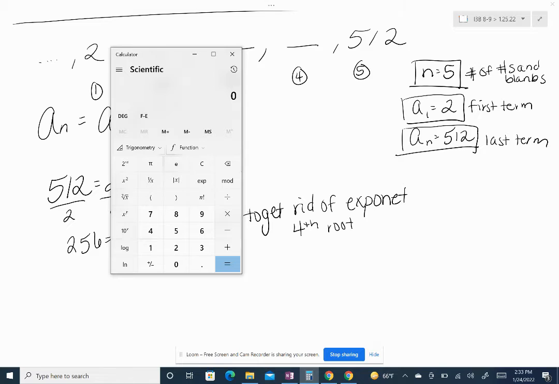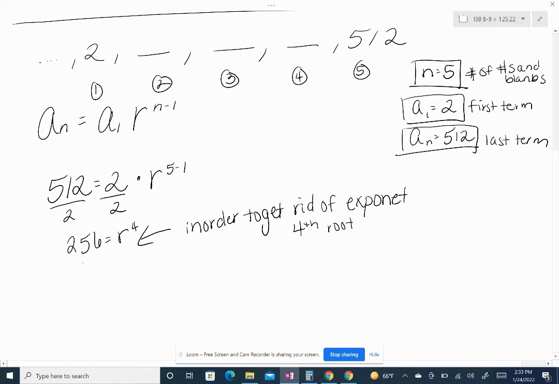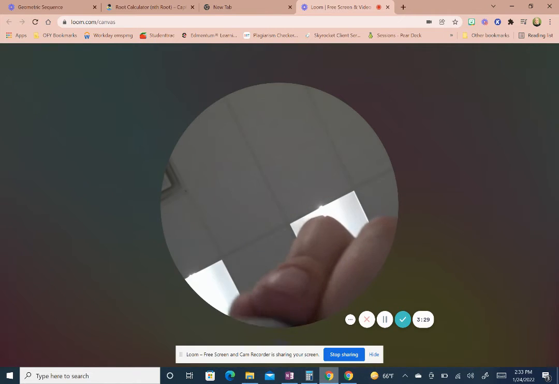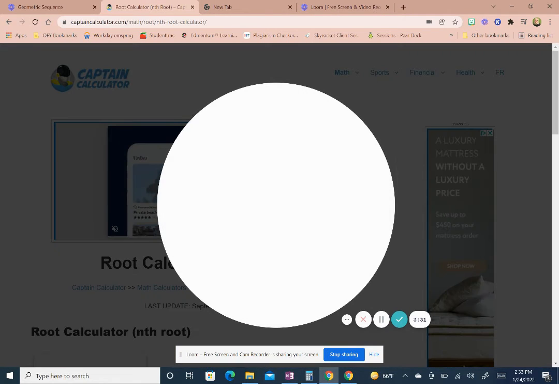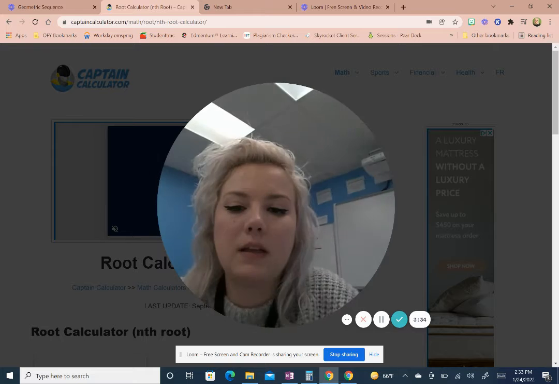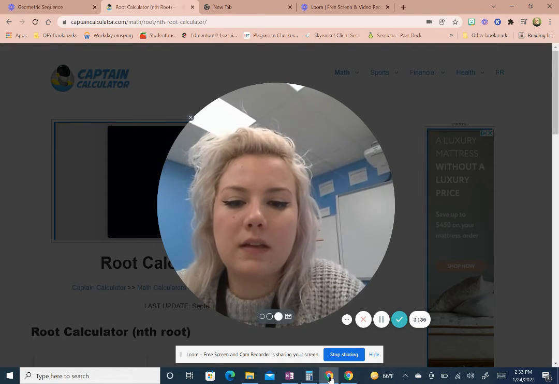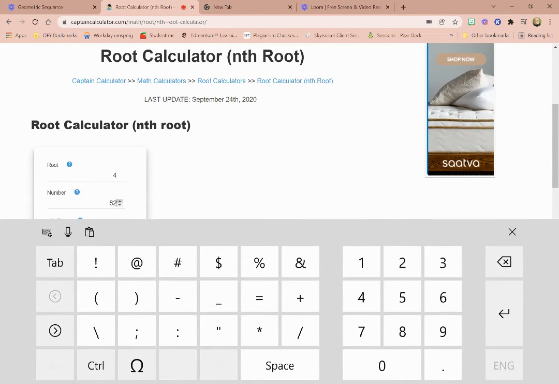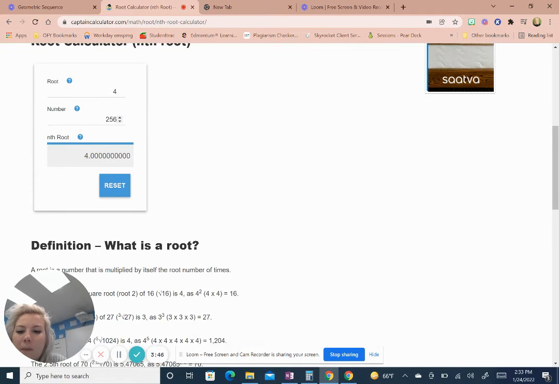It just has a square root on the normal calculator, so you're going to need to go to a special calculator. So take my fourth root, and so those cancel out. So we're going to see the fourth root of 256, and you're going to get 4.